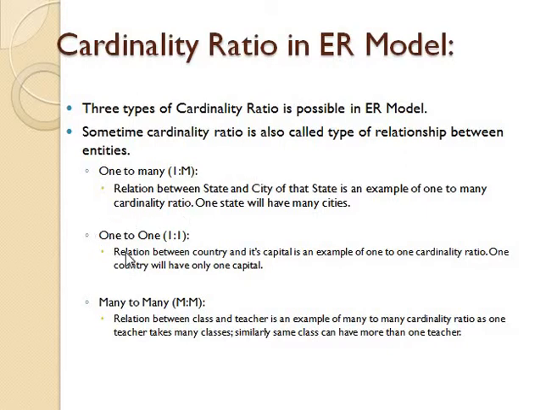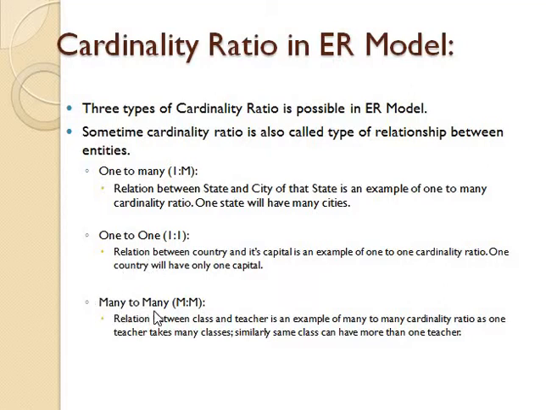Next, for the 1:1 relationship, the common example is the relation between country and its capital. This is because one country can have only one capital, and that is an example of a 1:1 cardinality ratio.